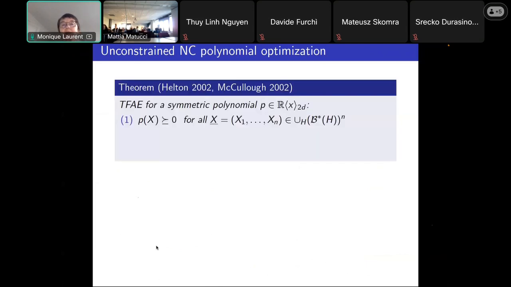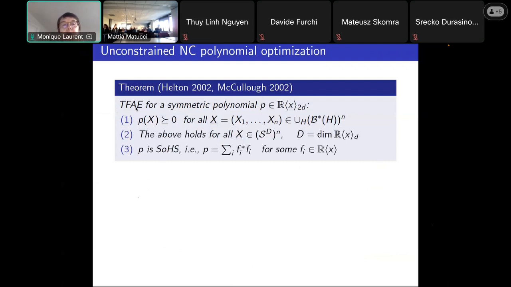Now I want to review a few crucial results which have been established about positivity of non-commutative polynomials. One very early fundamental result is due to Helton and McCullough, and it characterizes positivity. Let me put already the three statements which are equivalent.